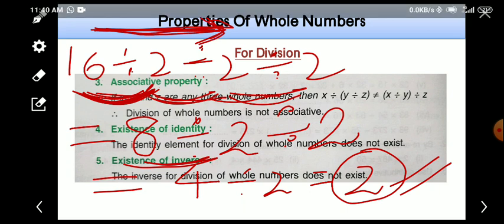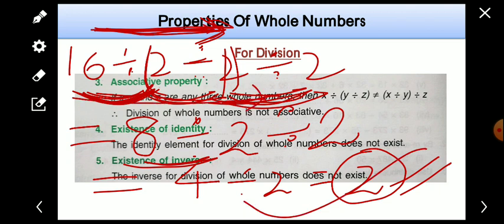We will just keep on solving from left to right. I hope you understood. If we change the grouping of any two numbers, then the answer will be different. So that is not the correct way. This is the correct way, that we keep on solving from left to right. 2 is the correct answer.